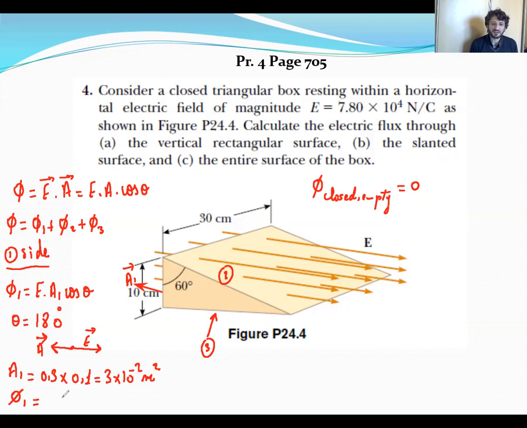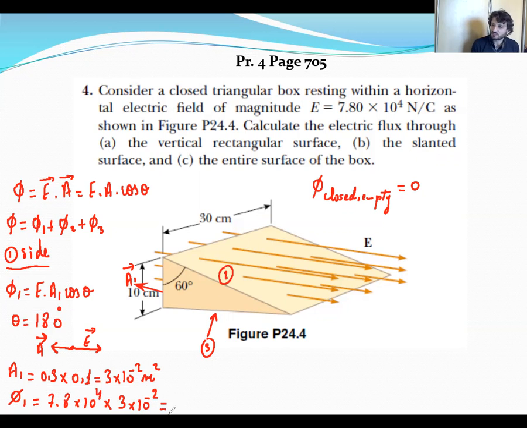So flux 1 equals E, which is 7.8 times 10 power 4, times A1, which is 3 times 10 power minus 2.